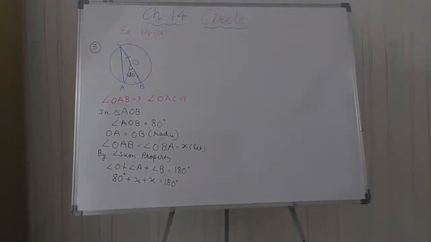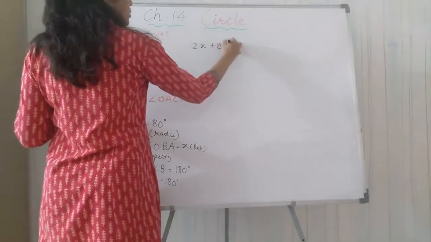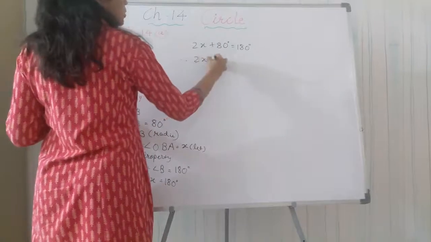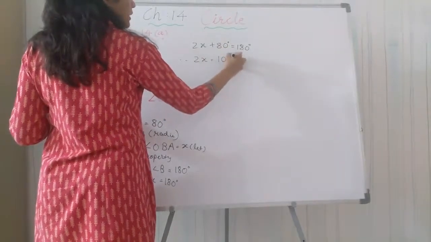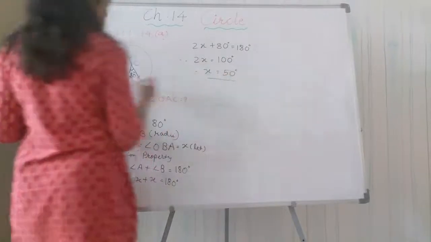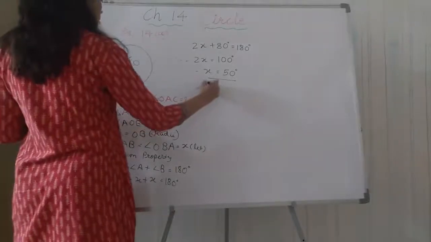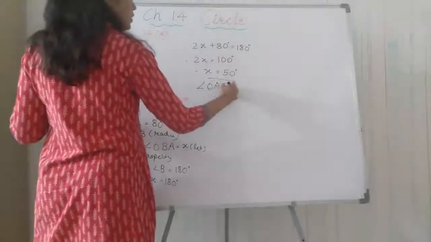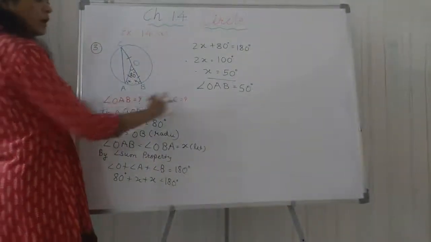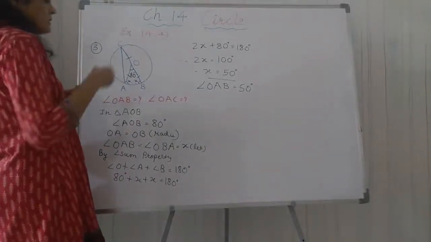Now by adding this we get 2x plus 80 degrees is equal to 180 degrees. So 2x is equal to 180 minus 80, that is 100 degrees. So the x value is 50 degrees. These two we have taken as x, so angle OAB is equal to 50 degrees. This is our first answer.